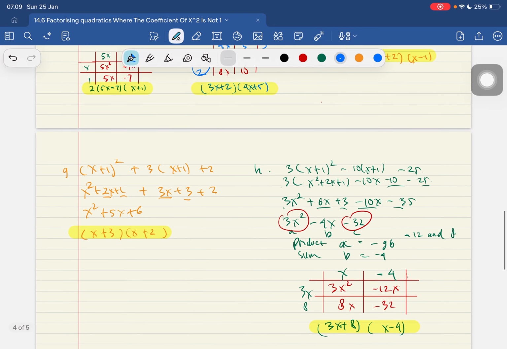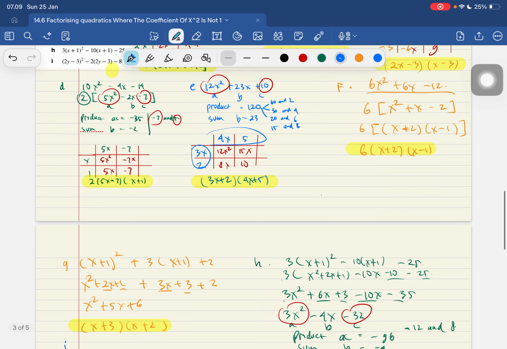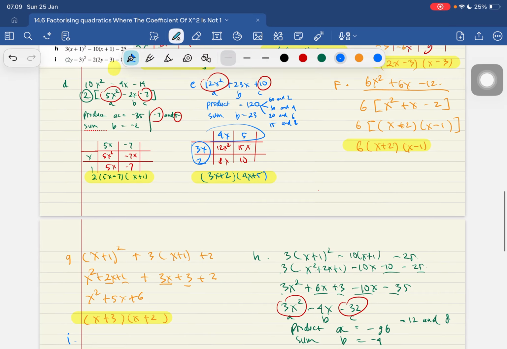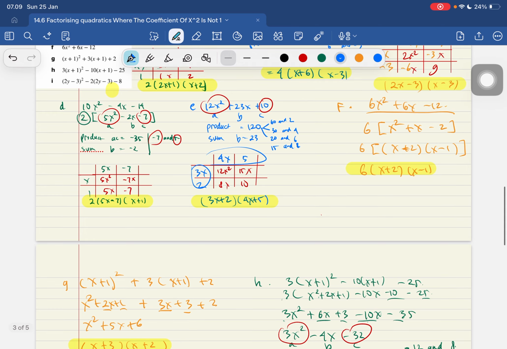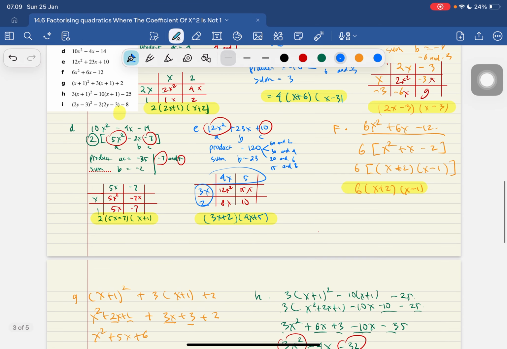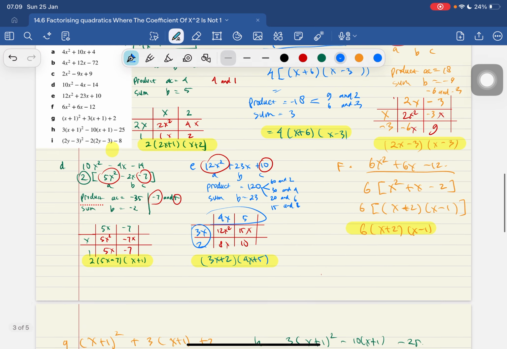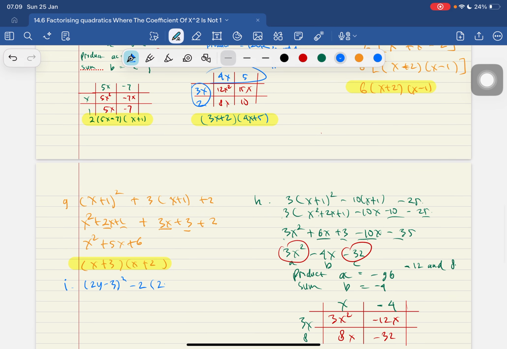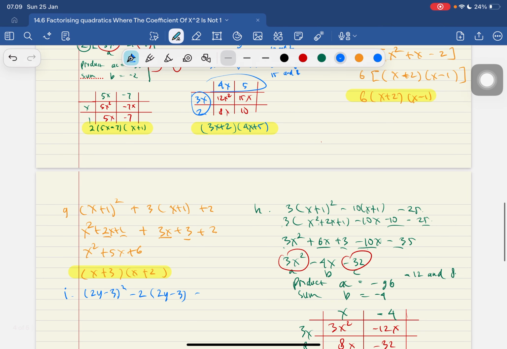Okay, last question for I. Here we got 2y minus 3 squared, and then minus 2, we multiply with 2y minus 3, then minus 8.